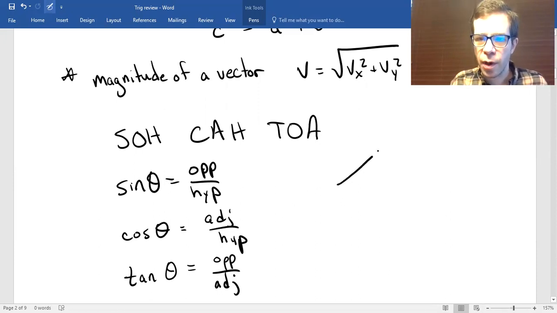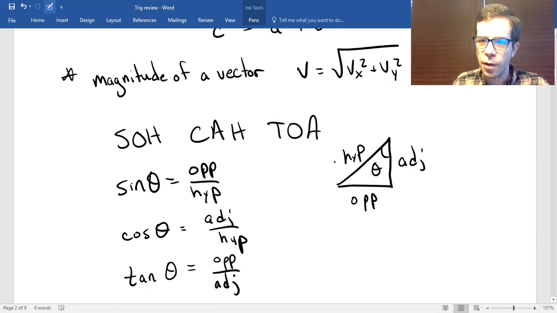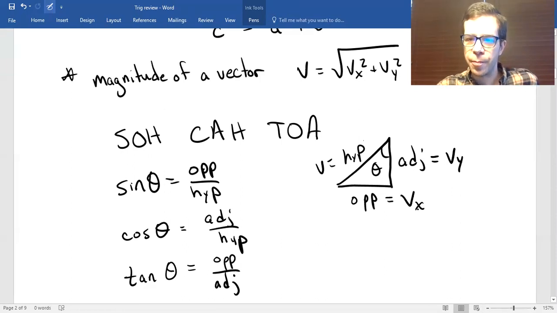All right, so let's draw our triangle and talk about this. I'm going to call this one theta, just so we don't get used to doing it the same way all the time. So now this is my adjacent side, and this is my opposite side. Let's call them something. I'm going to call my hypotenuse V. My adjacent side, I'm going to call Vy because it's my vertical component. My opposite side, I'm going to call Vx because that's my horizontal component.